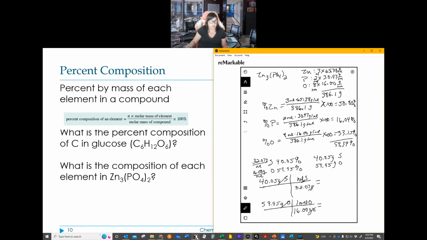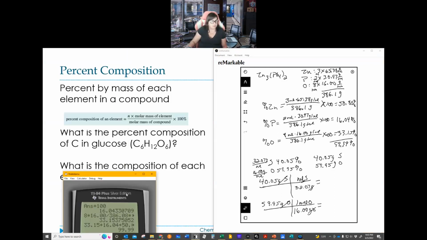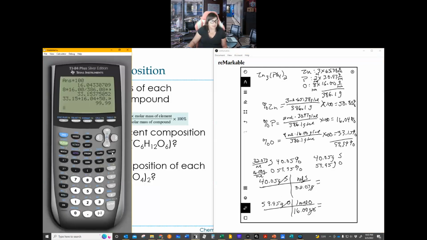Now I'm going to pull up my calculator again, and we're going to calculate some happy math. So 40.05 divided by 32.07 gives me 1.249 mole of S. And I'm going to leave that number as it is. It's going to sit there for a couple of minutes.